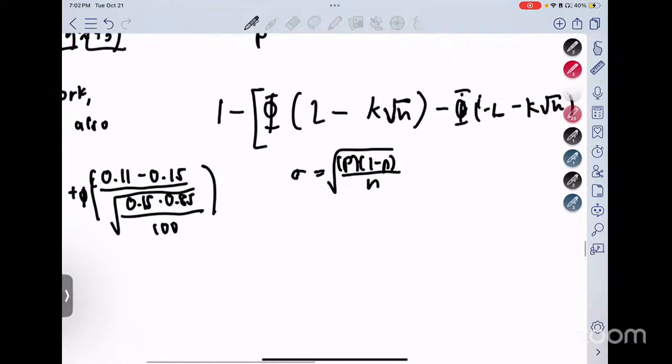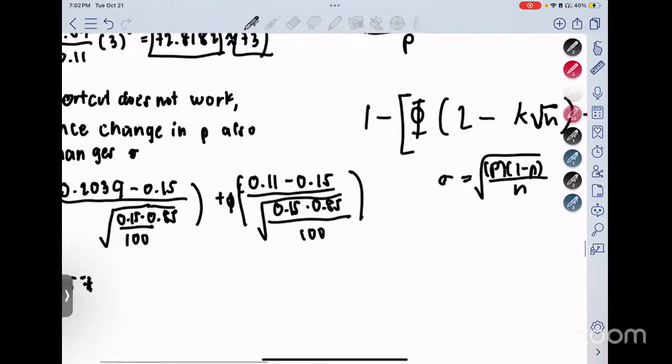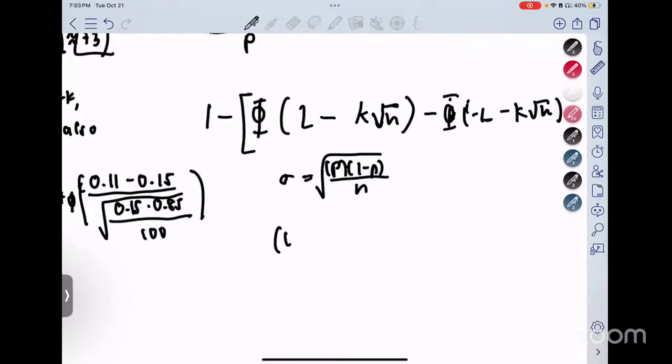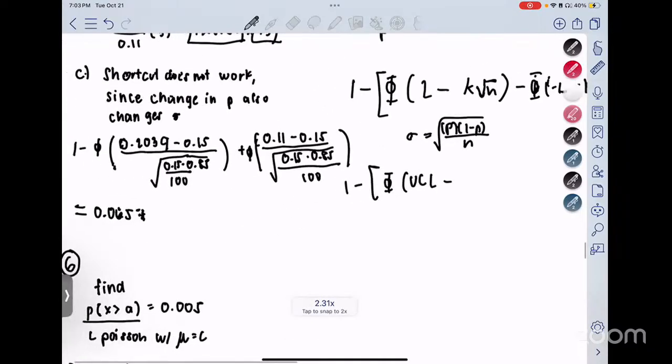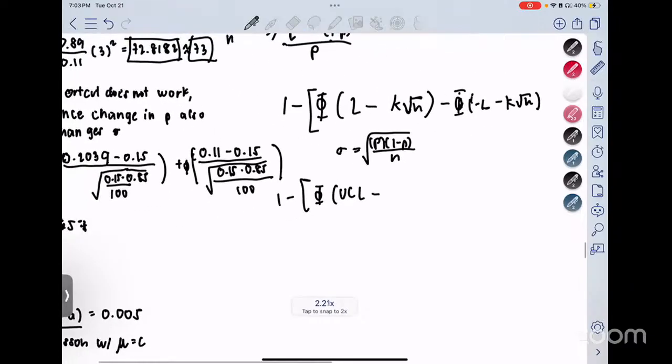So meaning you have to use the original equation, which is Gaussian, 1 minus Gaussian, UCL minus new process mean, new P, over square root of new P, 1 minus new P over n.